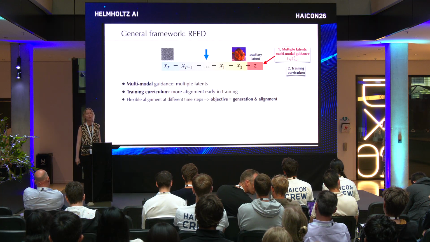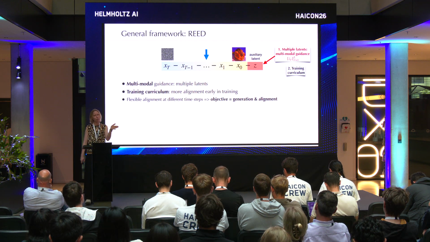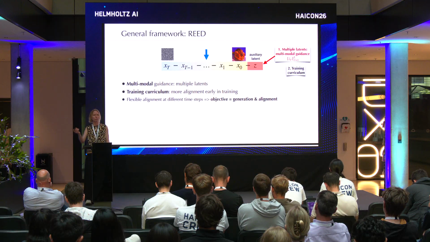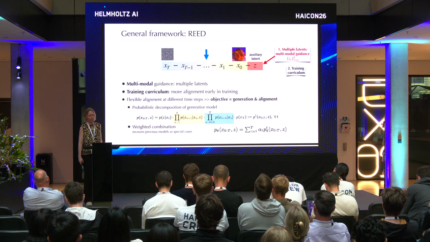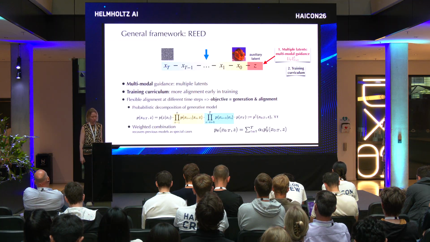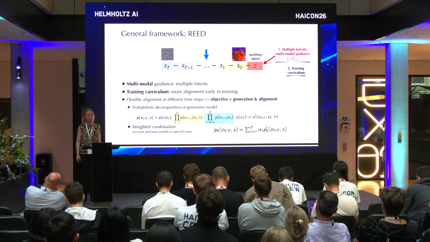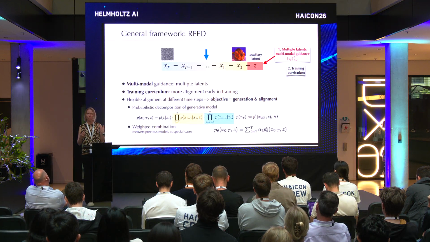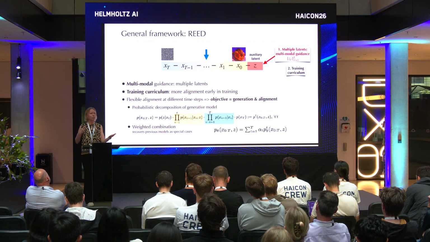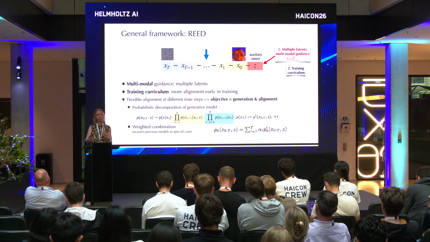Finally, you can also be a bit more flexible about where exactly in the time process you insert that information, because it's flowing backwards essentially, and you can do things there. I'm not going to go into the details, but you can do a specific decomposition, and it basically gives you an objective that combines generation and alignment. So now you can trade off how much you want to focus on generation or alignment.